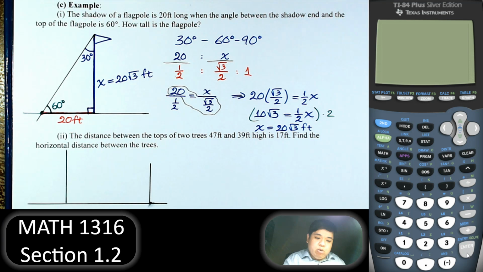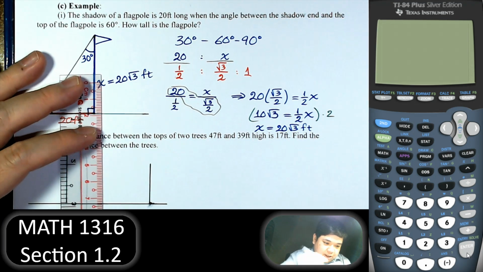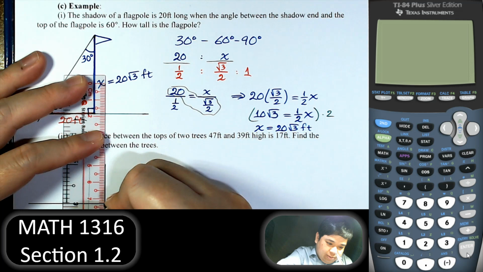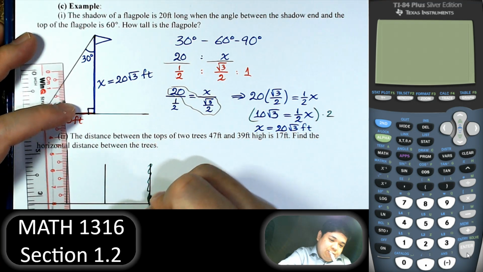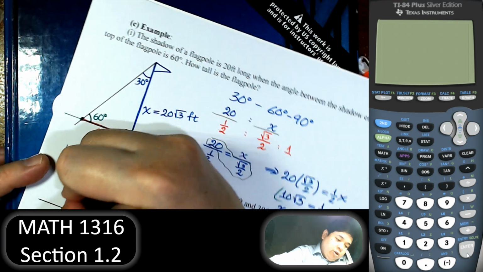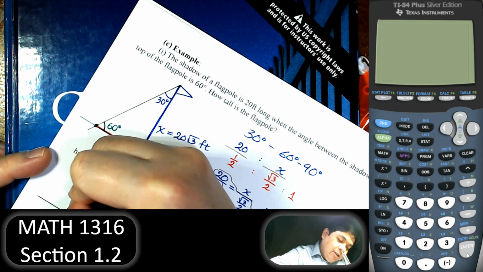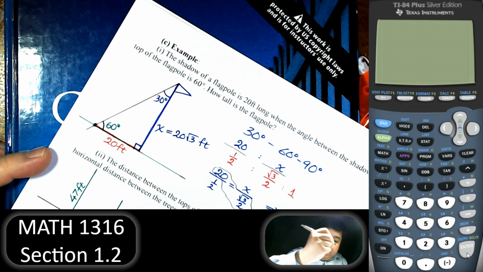Actually, this scale is way off. Let's say it should be here. One of them is 47 and the other one is 39.